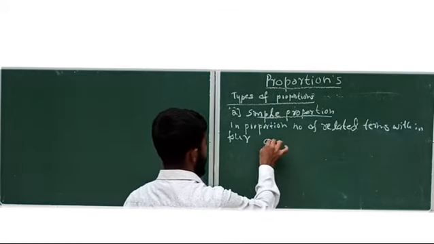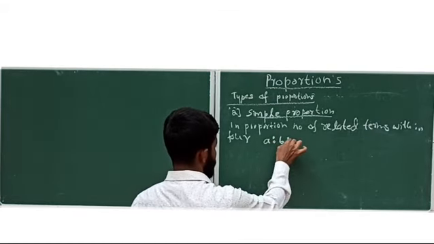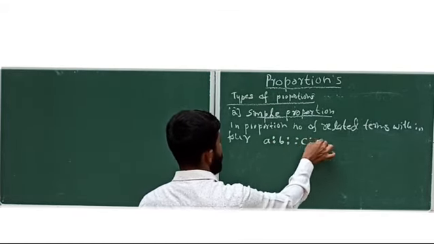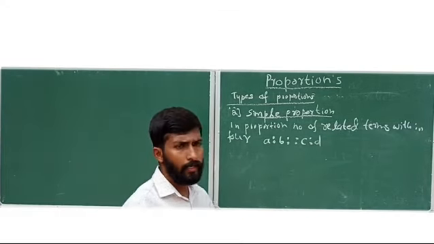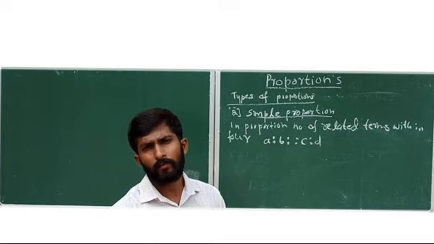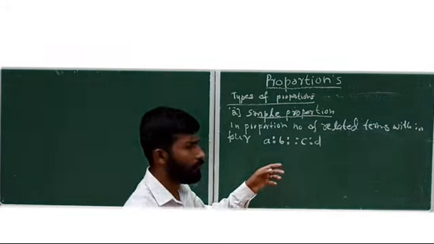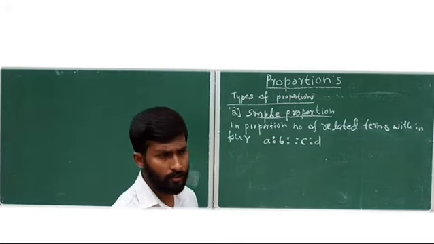That means here A ratio B is proportional to C ratio D. Now see how many terms are there? 1, 2, 3, 4. The number of terms in the proportion lies within 4, so we call that proportion a simple proportion.